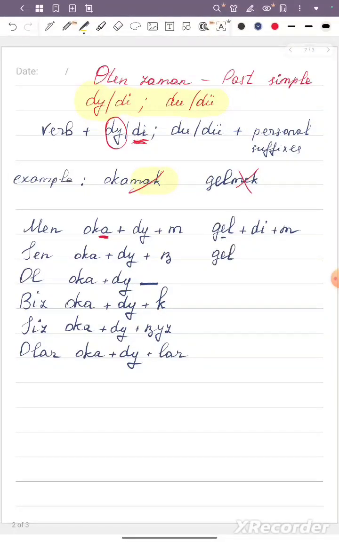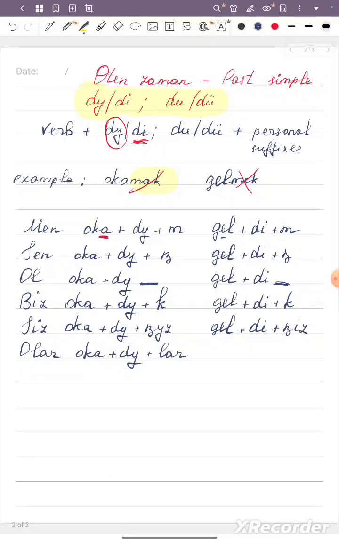Sen, gel, di, n. Ol, gel, di, again no suffix. Biz, gel, di, k. Biz geldik. Siz, gel, di, niz.